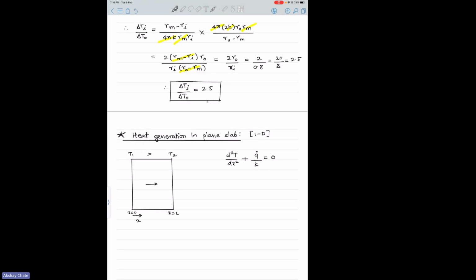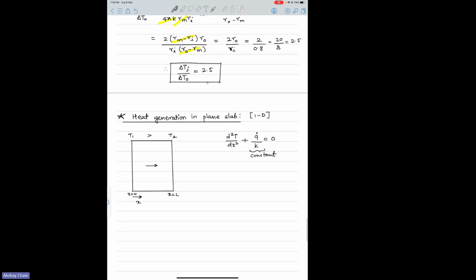Typically the way it is solved is, this is nothing but a constant, because you assume the volumetric heat source to be constant, and therefore this is a second order ODE. When you integrate it once, you get dT/dx as minus q dot by k into x plus C1.